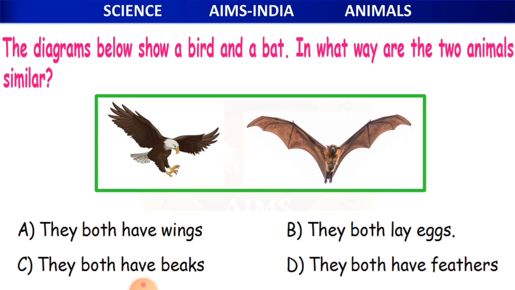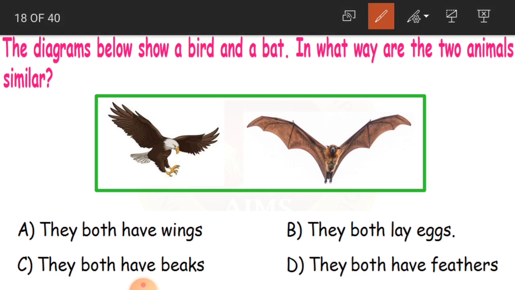The diagrams below show a bird and a bat. In which way are the two animals similar? How are they both the same? There is an eagle here and a bat here. They both have wings, they both lay eggs, they both have beaks, they both have feathers.